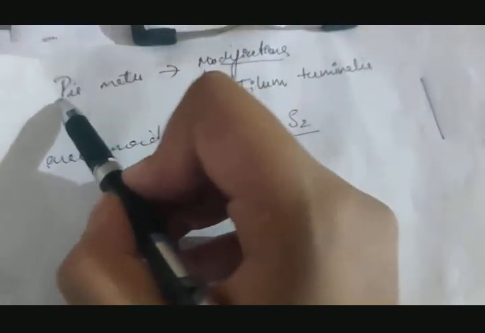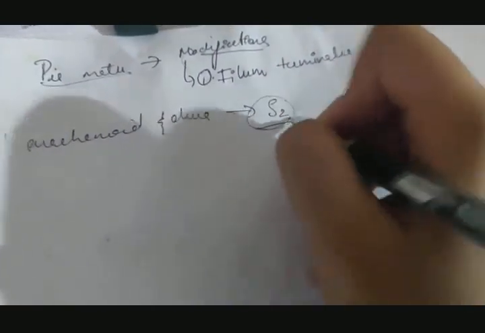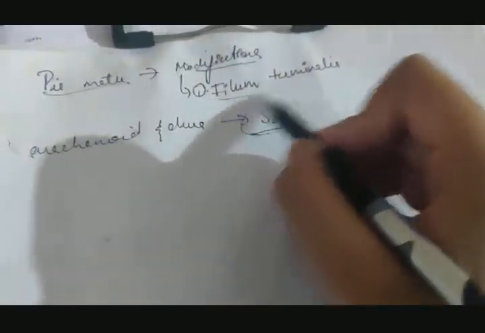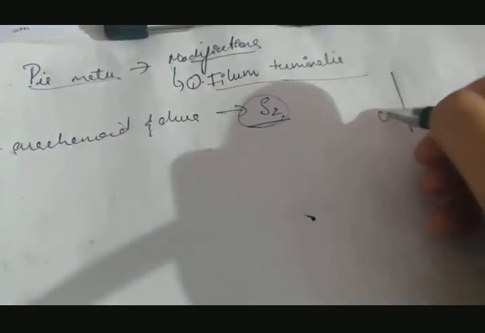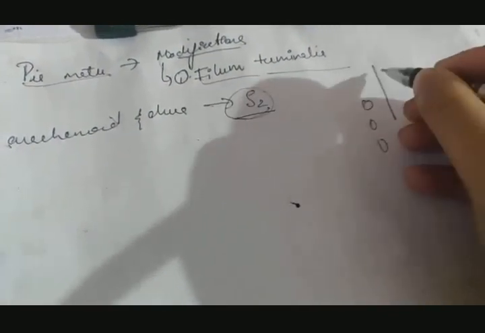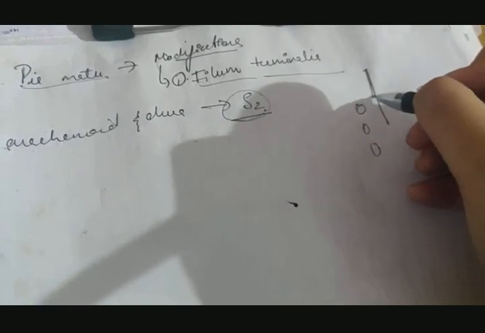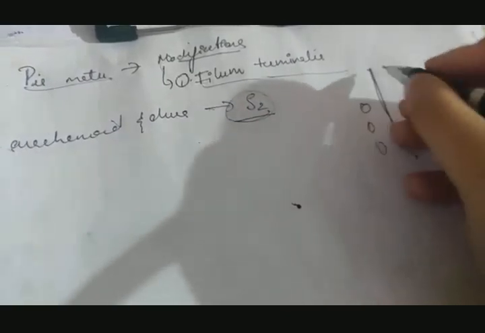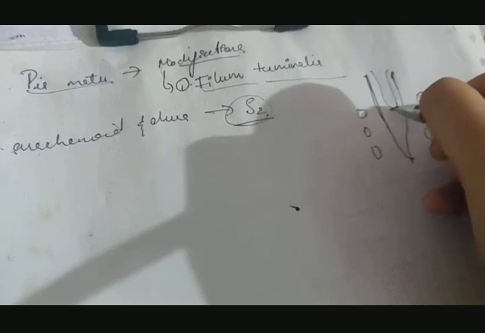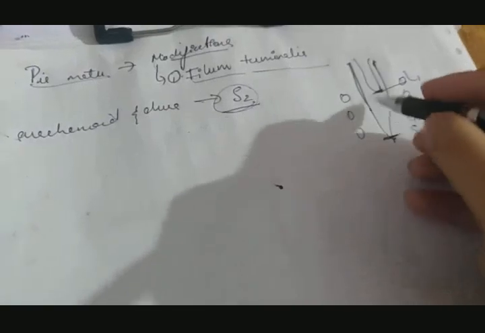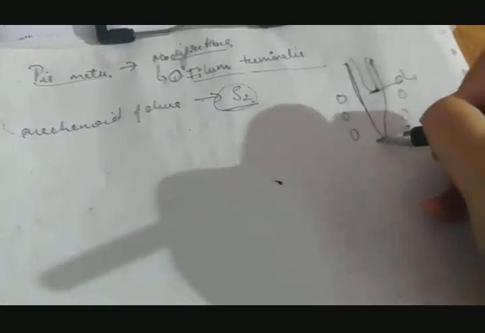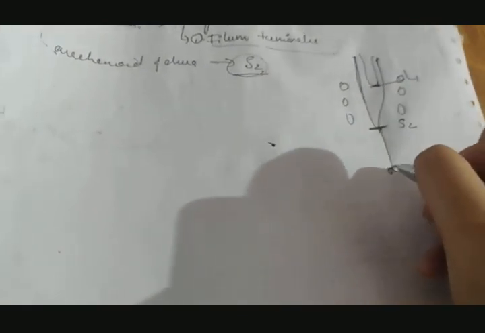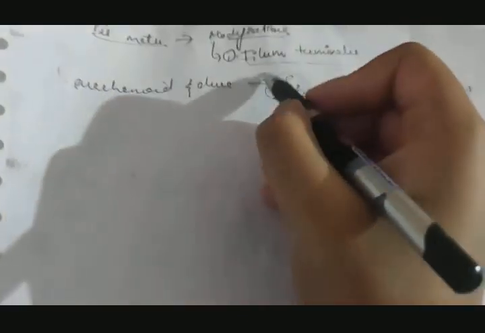But in the case of pia mater, after the S2 vertebra there is a continuation called the filum terminale. If this is my vertebral column, from here to here, this is my L1 level and this is my S2 level. The pia mater is supposed to be till the S2 level, but it extends and pierces the coccyx. In this filum terminale, there are two parts.